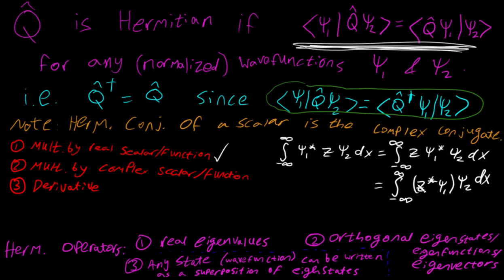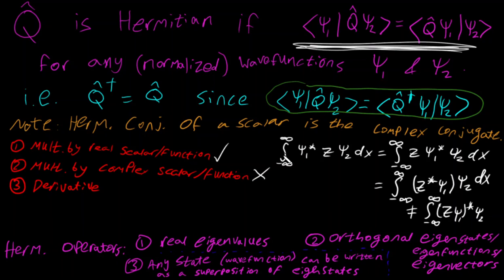And this is not necessarily the same as the integral from negative infinity to infinity of z psi1 star psi2, right? Not necessarily the same, because z star does not have to be equal to z. Z is not necessarily real. So multiplication by a complex scalar function is not Hermitian.